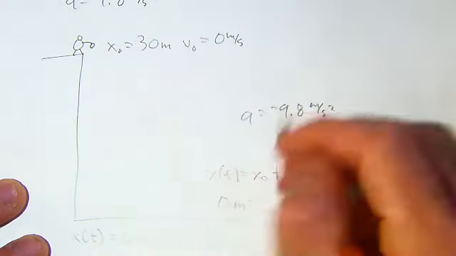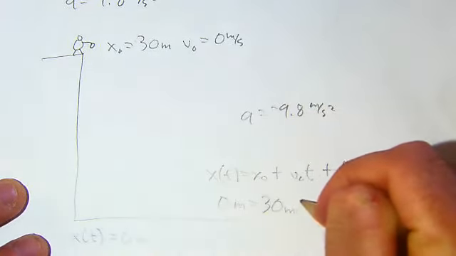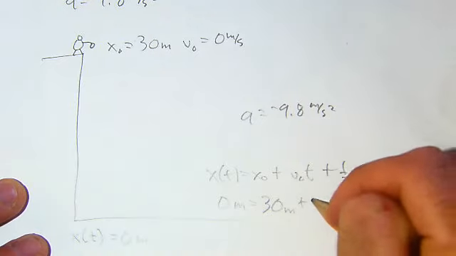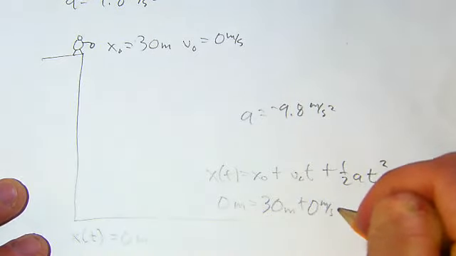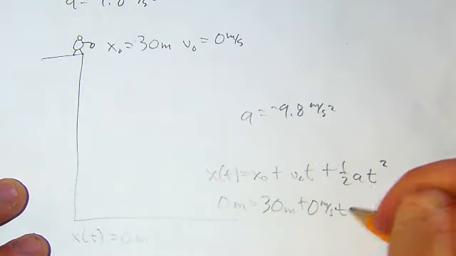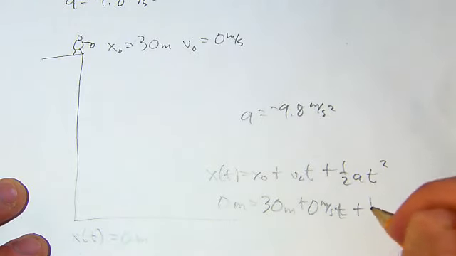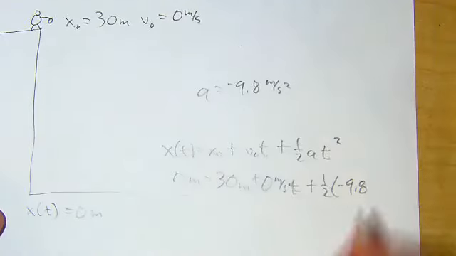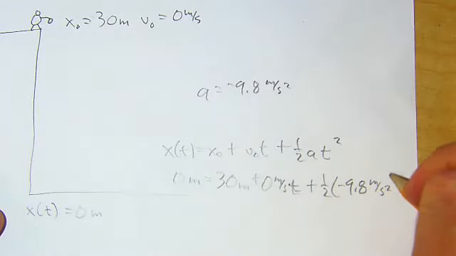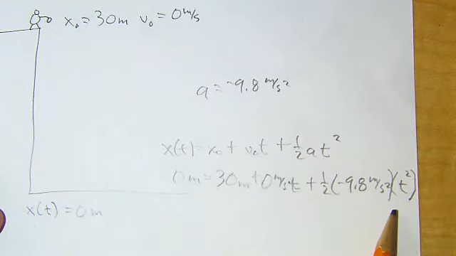The x0 this time is 30. V0 is 0 times t, which still will be 0, and then plus 1/2 times negative 9.8 meters per second squared times t squared, right? We are trying to figure out t.